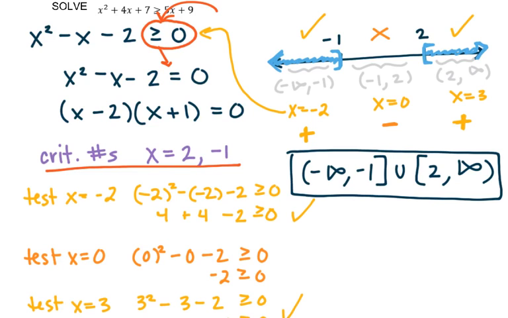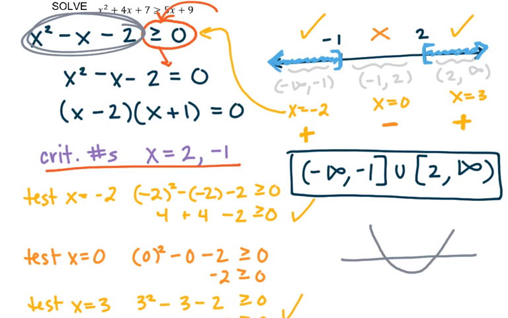All right, so there's a little bit more to this we can think about. And if you have your calculator, that would help you as well. But if we look at graphing this function, x squared minus x minus 2, that's a parabola opening up, and it crosses the x-axis at -1 and also +2.